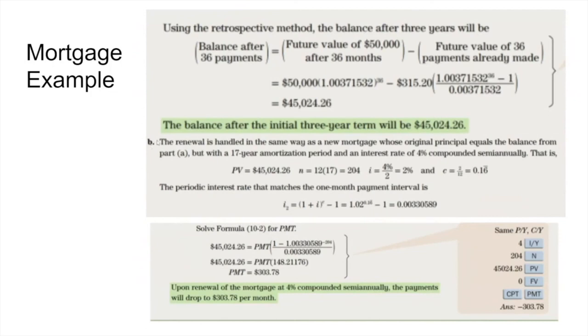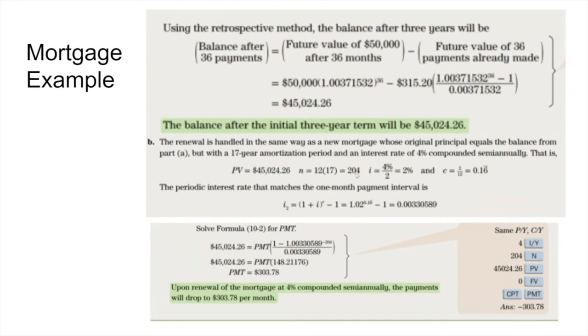And Part B says the renewal is handled the same way as a new mortgage whose original principal equals the balance. So effectively, the present value of the new mortgage becomes the value at the end of the period of the old mortgage, or the old version of it. So that transfers to there. There's 17 years left in it.